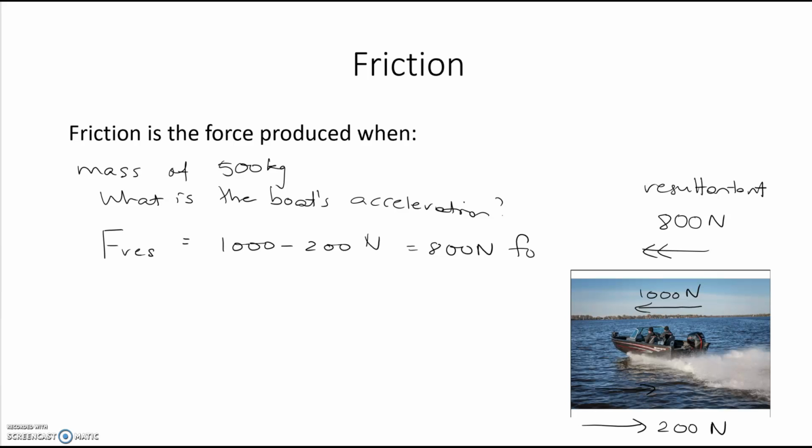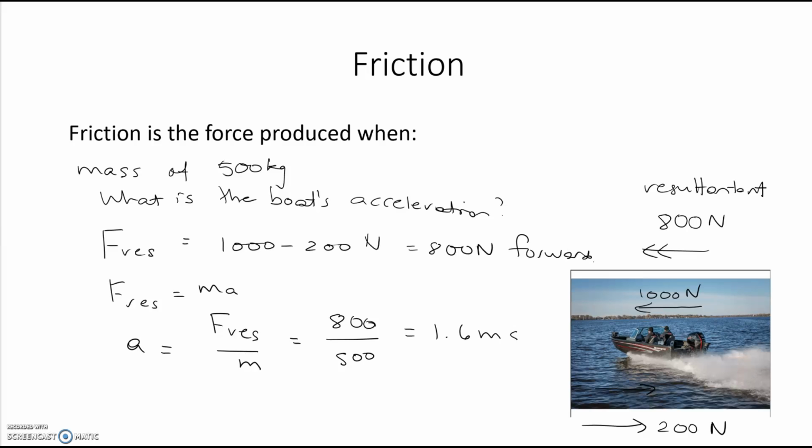And it's going forward because the boat's still going forward. So using that formula that we've seen before, we can rearrange that to find the acceleration. And now just put in the numbers. So the resultant force is 800, the mass is 500, so the acceleration is 1.6 meters per second squared.